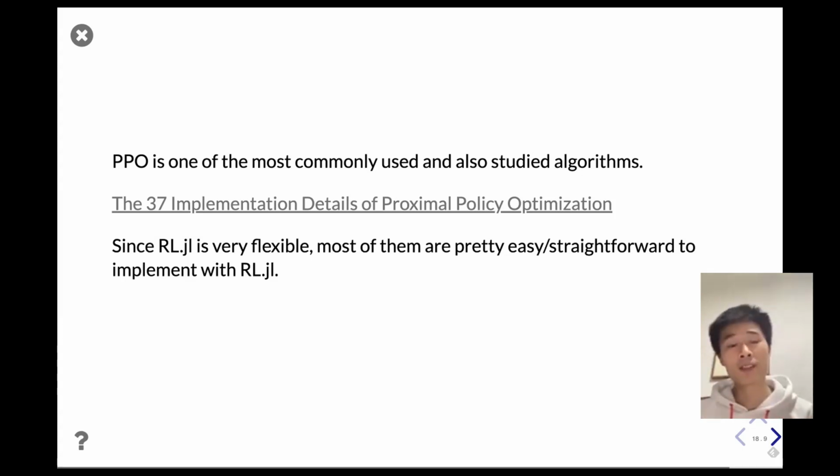Since RL.jl is very flexible, most of them are pretty easy or straightforward to implement with RL.jl, but currently the built-in one is only one variant implementation, and I think it is not the best one. So if you would like to use PPO, I encourage you to check out that blog and then come back to the source code of the PPO implementation in RL.jl and compare the differences.